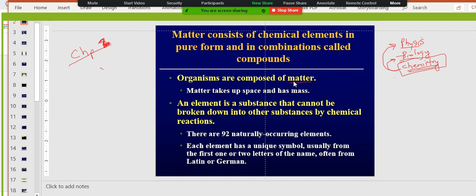Organisms are made up of matter. If we're going to define matter, we would say matter is something that takes up space and has mass. That's a real technical definition, but really anything you can touch or feel is matter. And there are some things that you can't detect with your senses that are also matter.